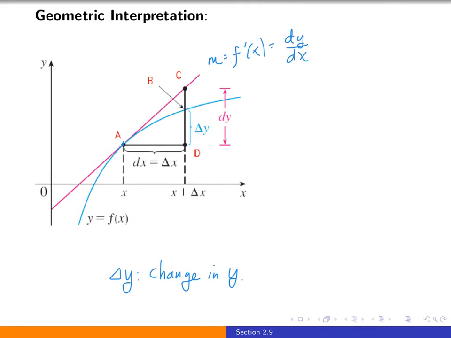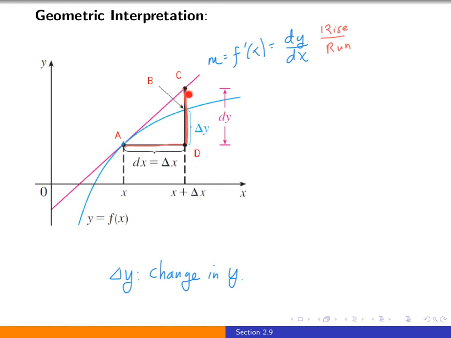So we think of this as being rise over run. The dx is measuring how far we go over, and the dy is measuring how far we go up on our tangent line. So the observation to make is that the differential dy is this quantity over here, and then delta y, the actual change in y, is going to be approximately the same value.